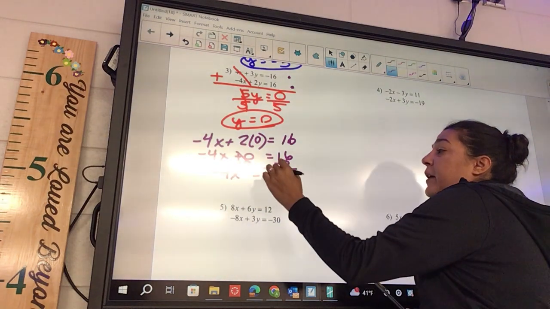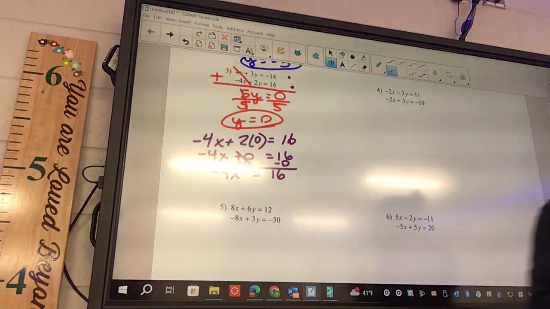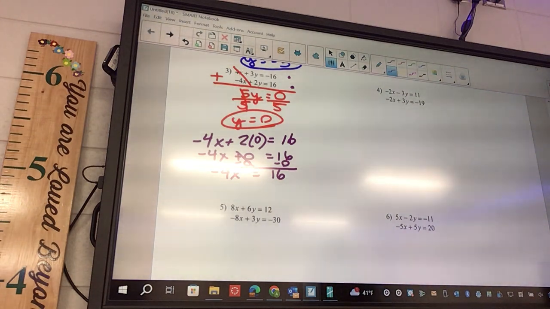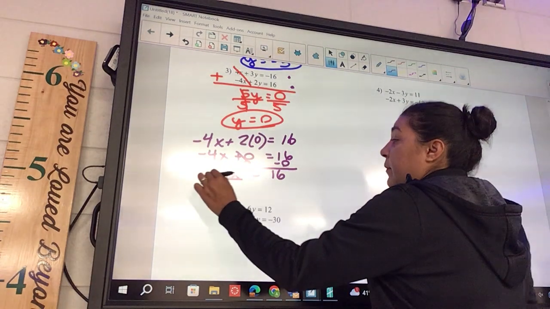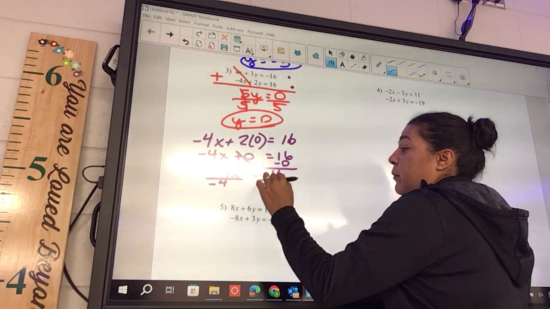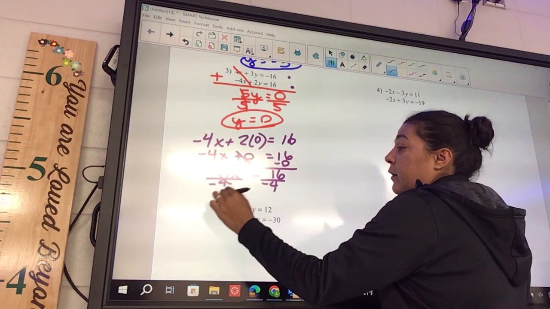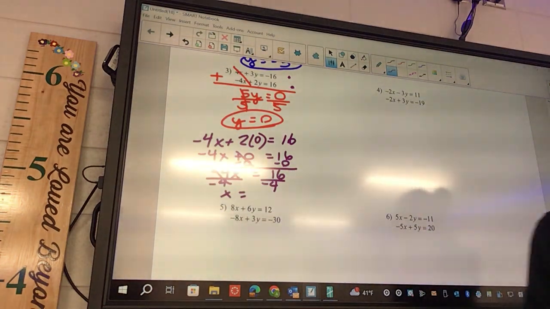Okay, so 16 minus 0 is gonna be 16. And then our last step is always to do what? Divide. Okay, if you didn't do the minus 0 part, that's totally fine. That means your brain probably gets the minus 0 part, but if you don't, then you can absolutely. Okay, 16 divided by negative 4 is negative 4.